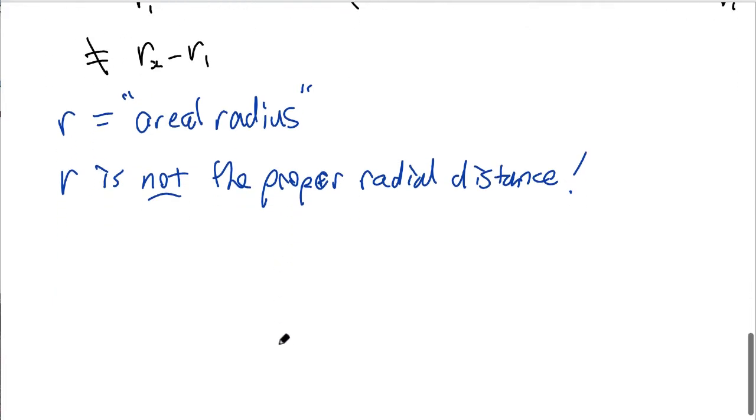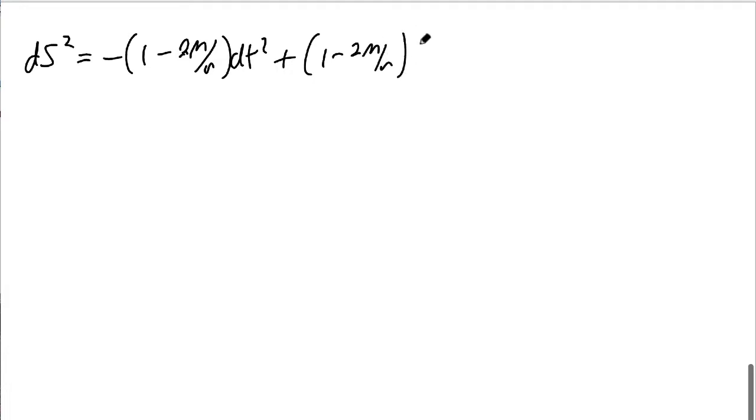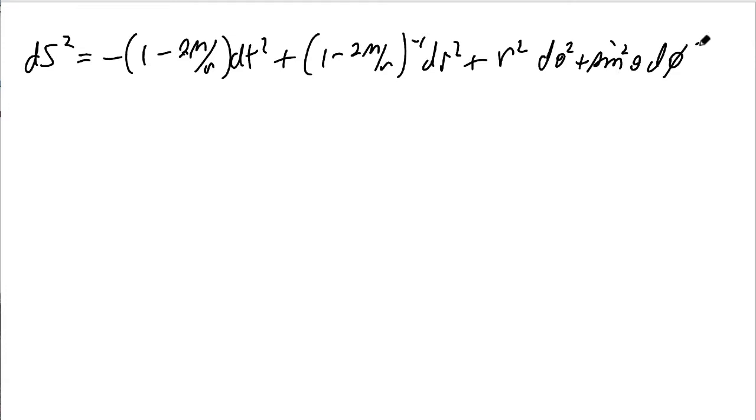The next observation I want to make about the Schwarzschild geometry, let me first write the metric again in Schwarzschild coordinates. This is minus 1 minus 2m over r dt squared plus 1 minus 2m over r inverse dr squared plus r squared d theta squared plus sine squared theta d phi squared. Notice now this factor, which I'll remind you, appears here as well as here.